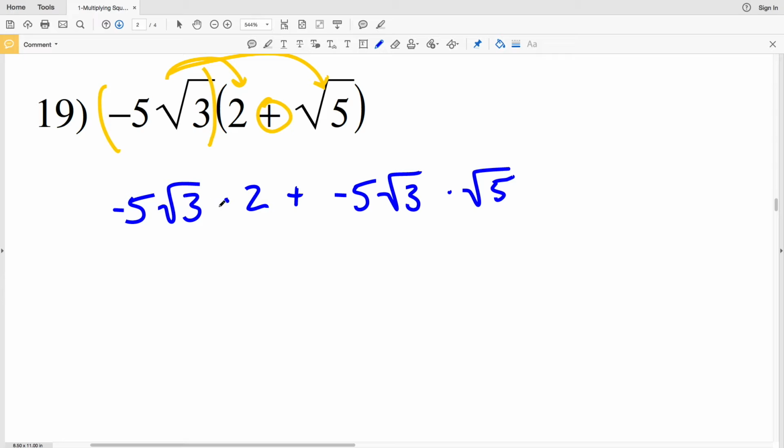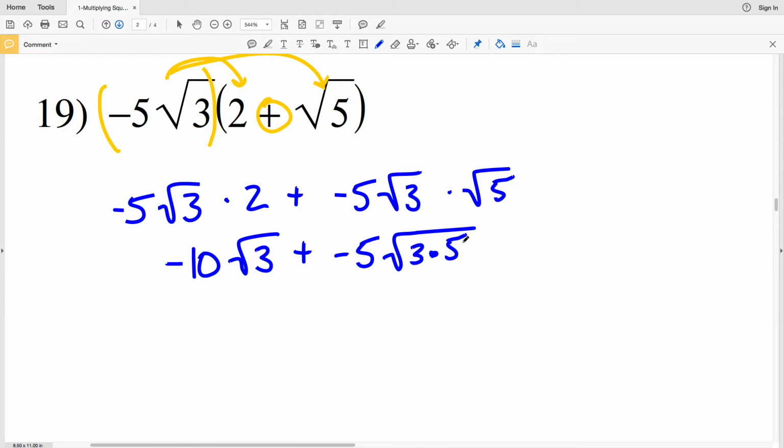Negative 5 times the square root of 3 times 2 is negative 10 times the square root of 3, since negative 5 times 2 is negative 10, and we're adding negative 5 times the square root of 3 times the square root of 5, which is negative 5 times the square root of 3 times 5.